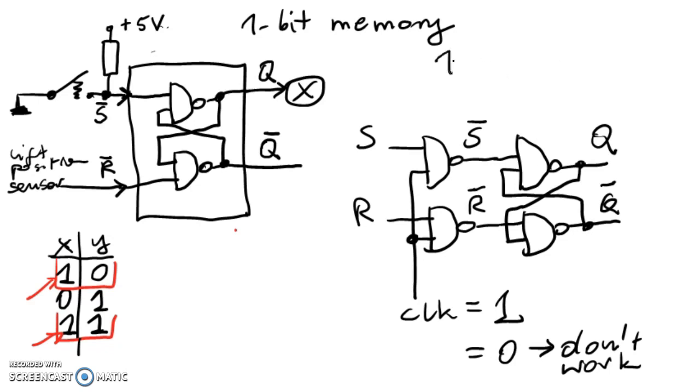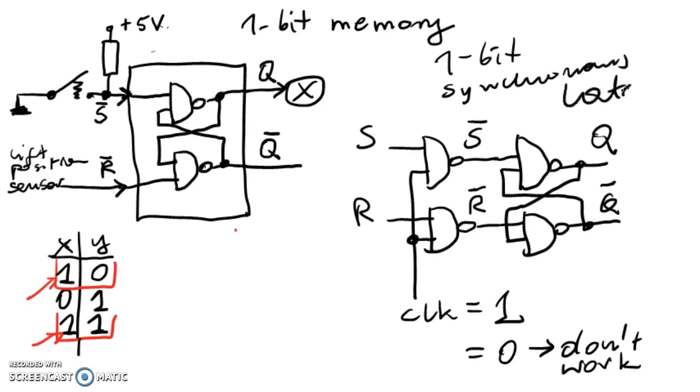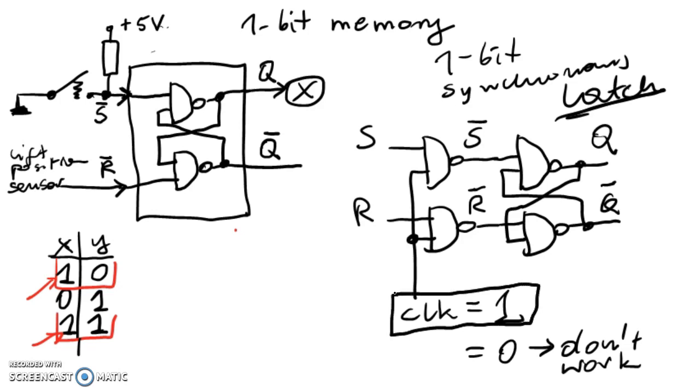It is a 1-bit synchronous latch. And a latch is the device which is triggered, or which is allowed to operate, when the clock is 1 or when the clock is 0, depending on the solution.